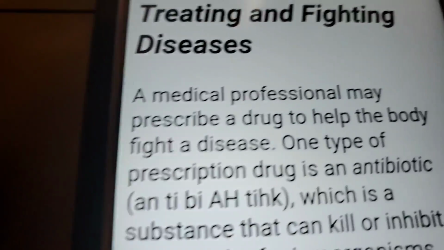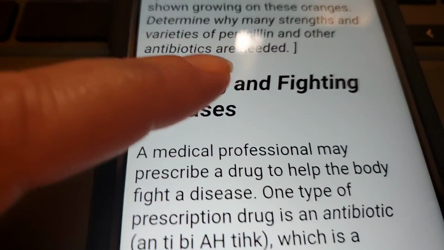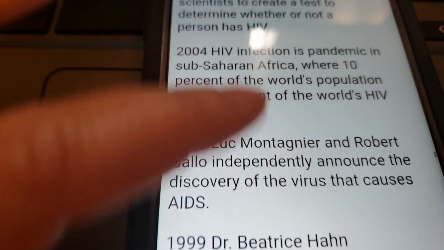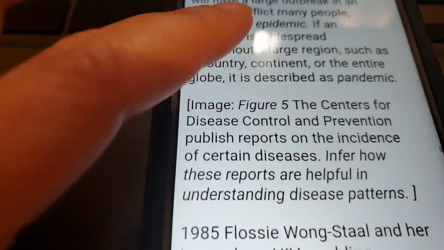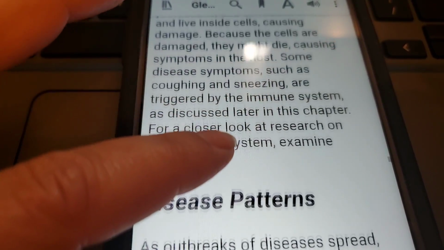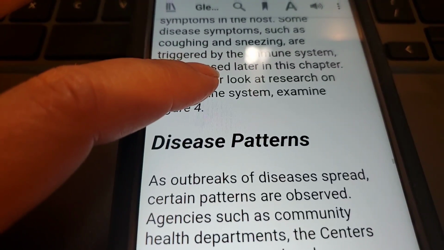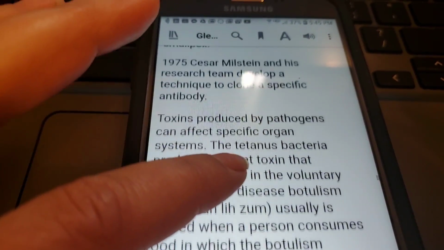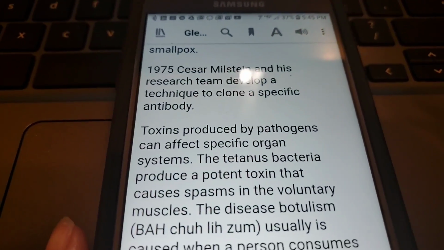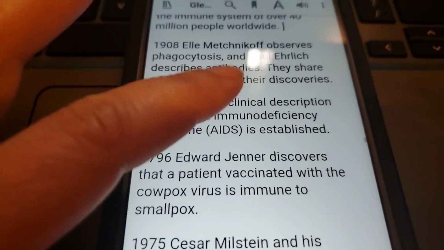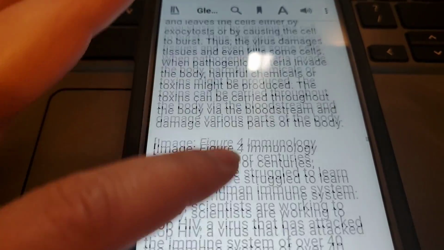Okay, so let's see. I kind of feel like we did discuss that earlier, but I'm going to check real quick and then we'll go forwards. Let's go back a little bit more.